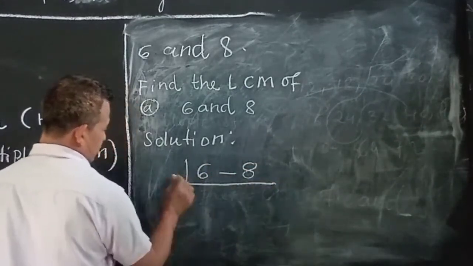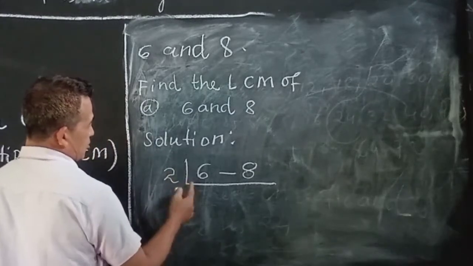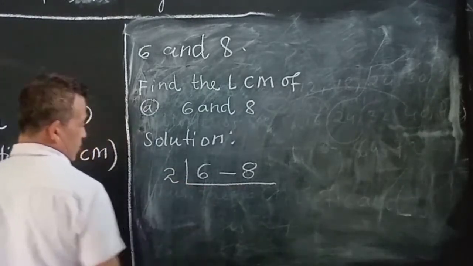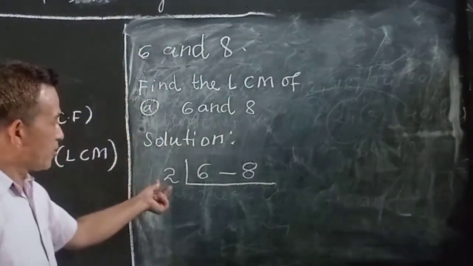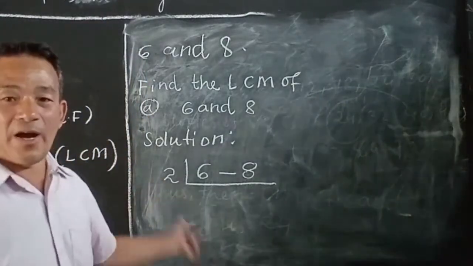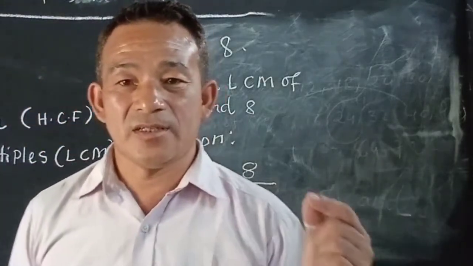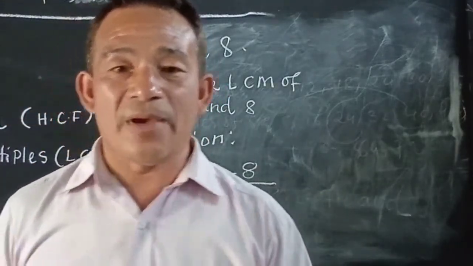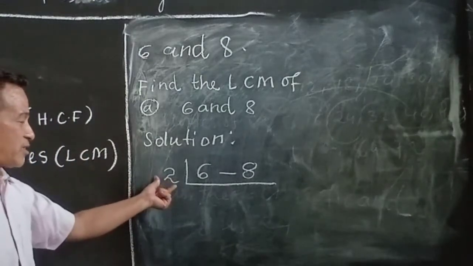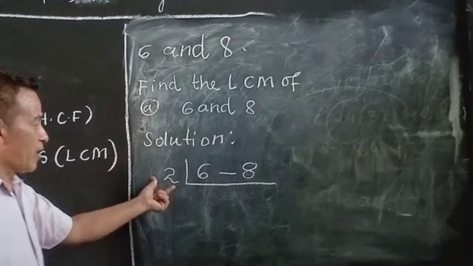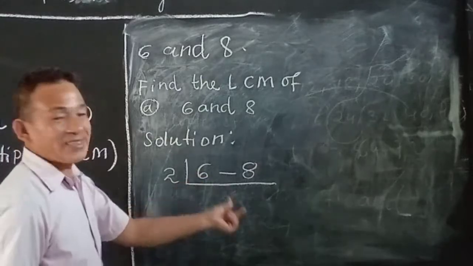Then you will divide 6 and 8. So you will write the prime factor, means the smallest prime number, that is 2, the number which will divide both 6 and 8.